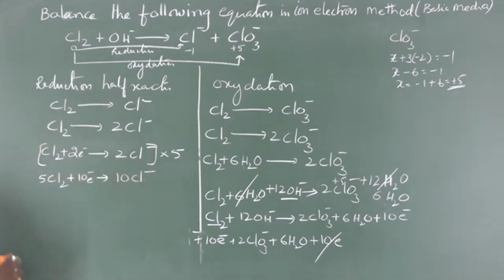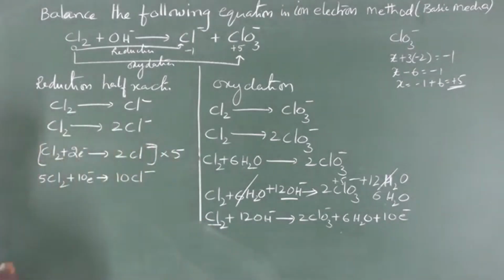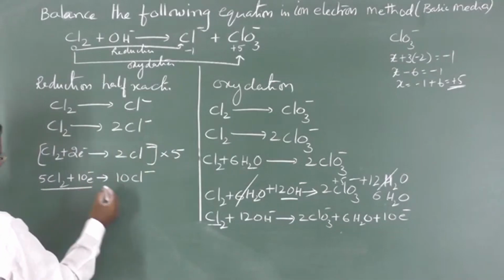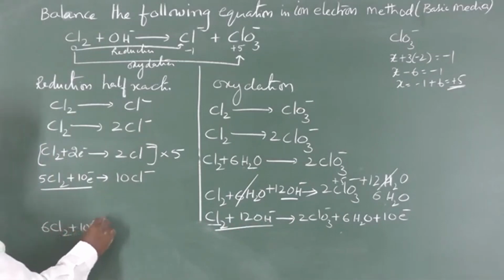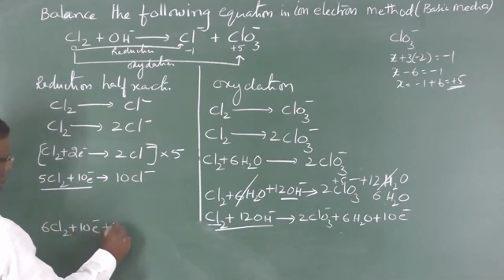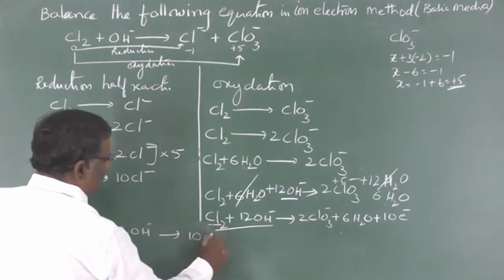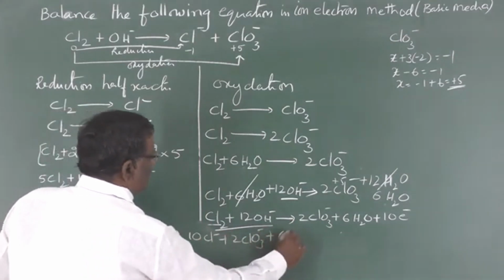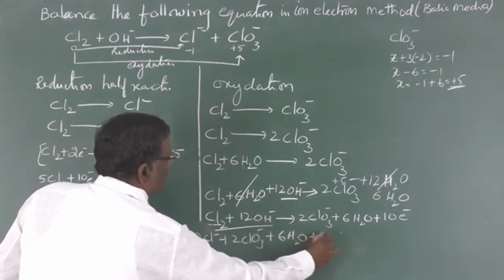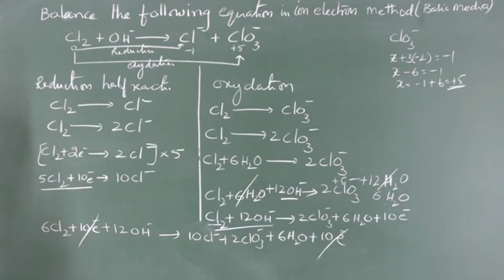Now adding 2 equations. So 5 Cl2 this side, 6 Cl2 plus 10 e minus plus 12 OH minus gives 10 Cl minus plus 2 ClO3 minus plus 6H2O plus 10e minus. 10e minus, 10e minus is cancelled.